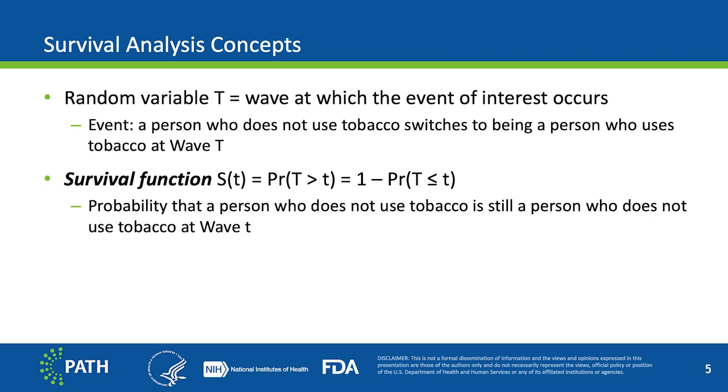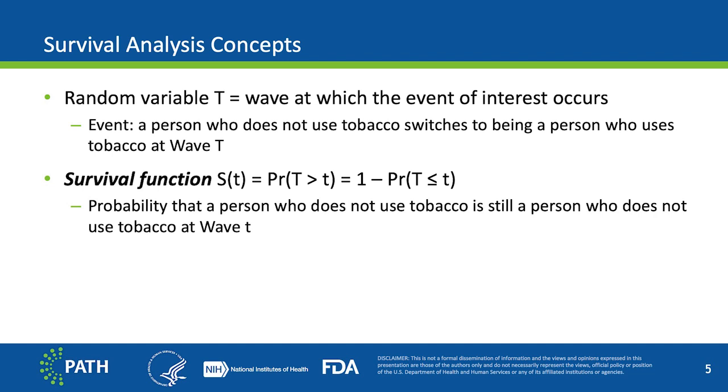At which wave does this happen? We're going to treat this event as a random variable, which can take on values little t equal to 1, 2, 3, etc. The random variable capital T has a probability distribution function over these values.